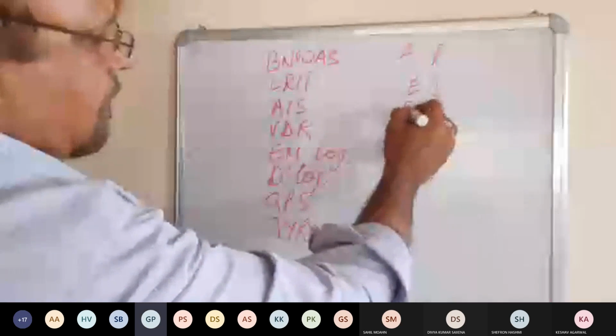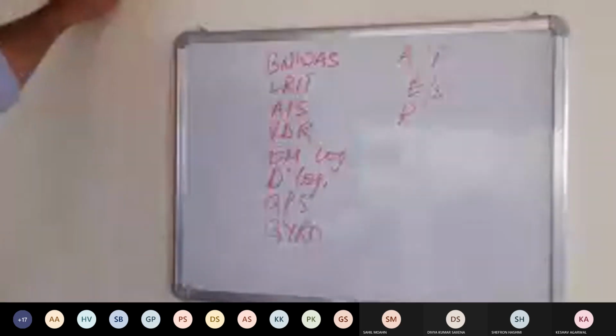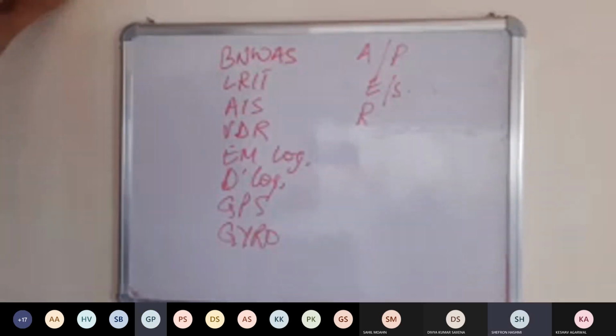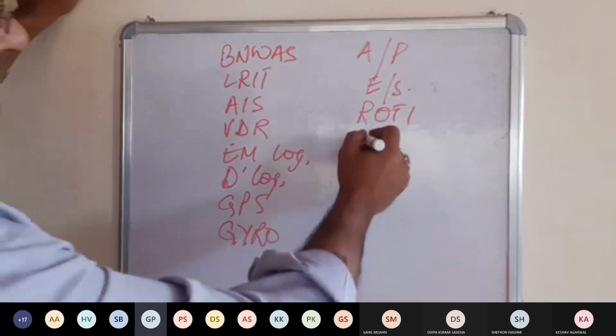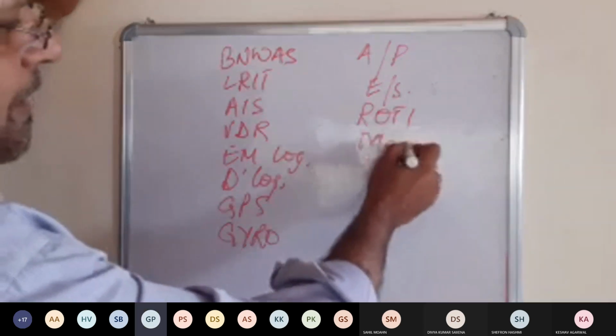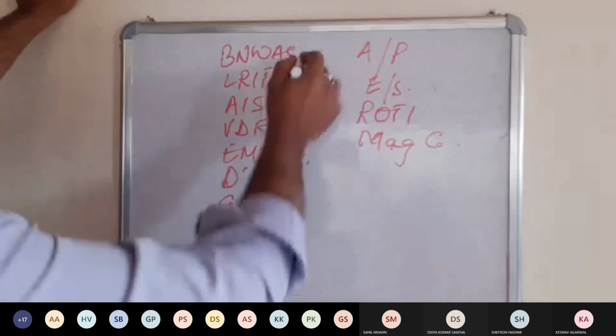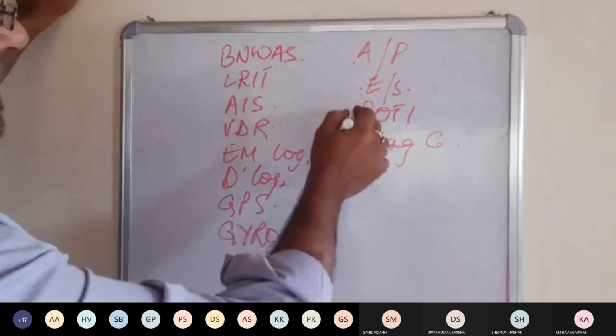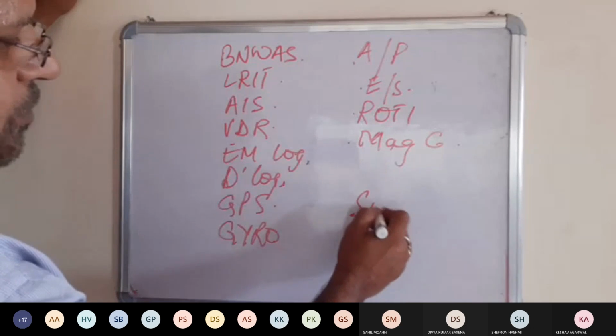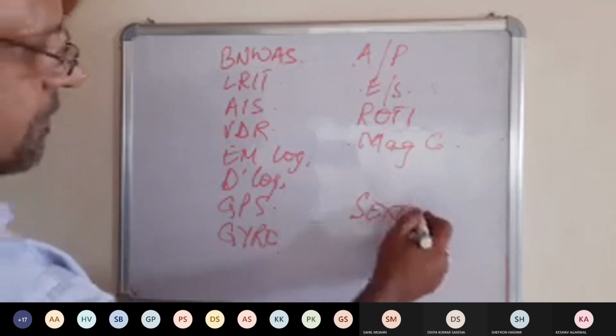Then we have Roti. Roti हो गया कि नहीं? Rate of turn indicator? नहीं sir. Okay, so rate of turn indicator is also remaining. Magnetic compass. तो एक सेक्सटेंट है जो तिवारी सर पढ़ाएंगे.